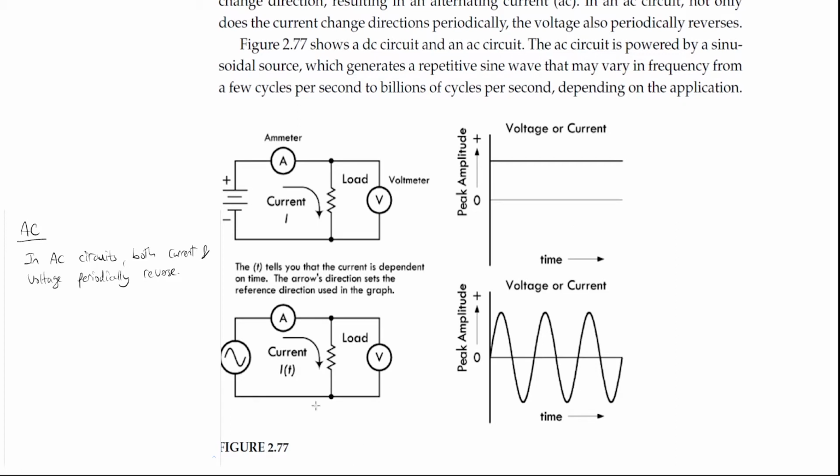It's talking about this t. The arrow's direction sets the reference direction used in the graph. The arrow direction, this arrow here, sets the reference direction used in the graph. Okay, I don't really get that.